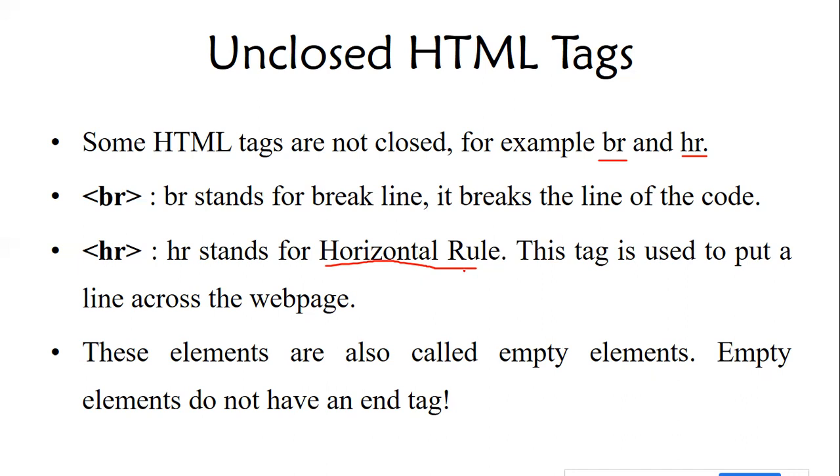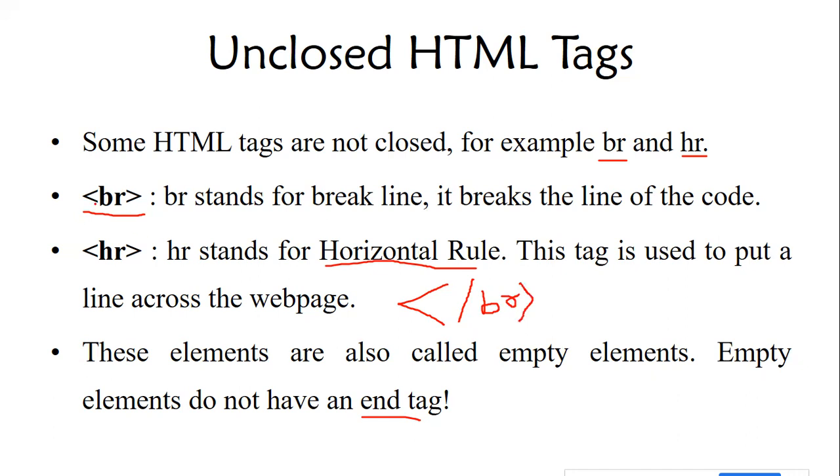So let us see an example based on the unclosed HTML tags. Why are they called unclosed HTML tags? Because here there are only start tags, no end tags. So there is no need to mention the angle brackets at the end of the tags. For BR, we just put the starting tag only in angle brackets.